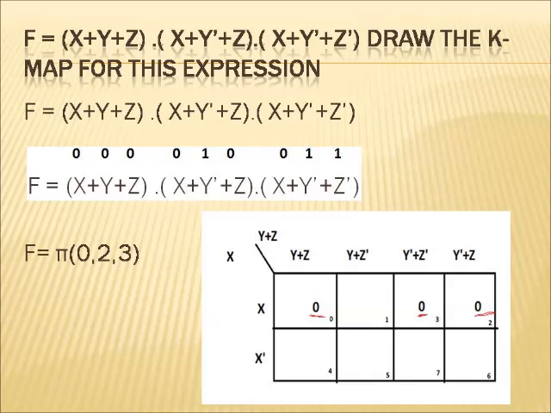As it is a product of sums, I am using the pi symbol. Okay, so it is a product term, I am using pi for representing the product. So we have found the cardinal form of the given expression, which is f is equal to pi of 0, 2, 3.